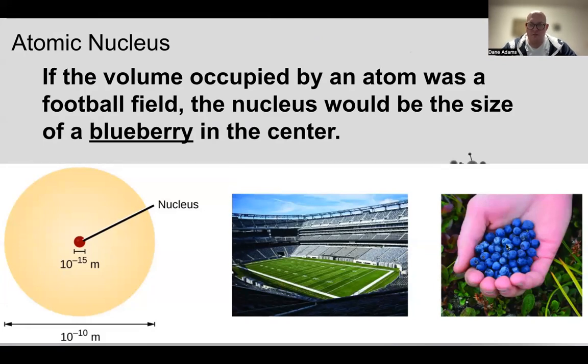Think about that for a minute. If a football stadium is an atom, then the nucleus, that tiny amount of actual matter and positive charge, would be about the size of a blueberry. That's how much empty space we're talking about. It's a strange thought, but that's the conclusion we have to draw.